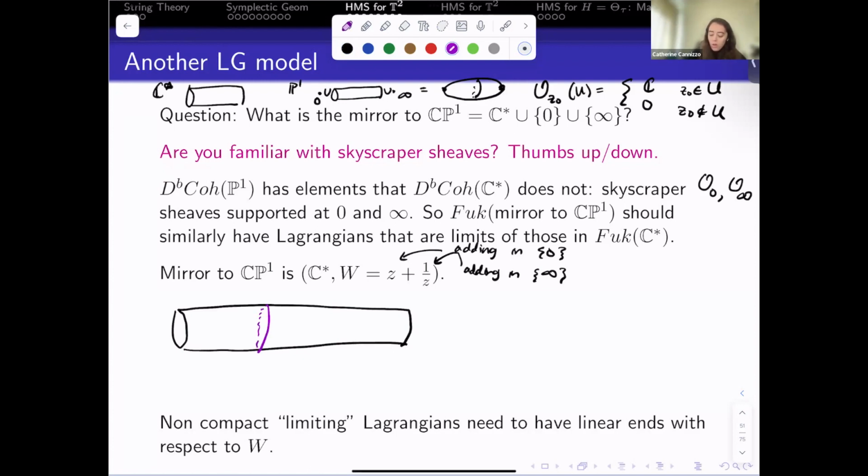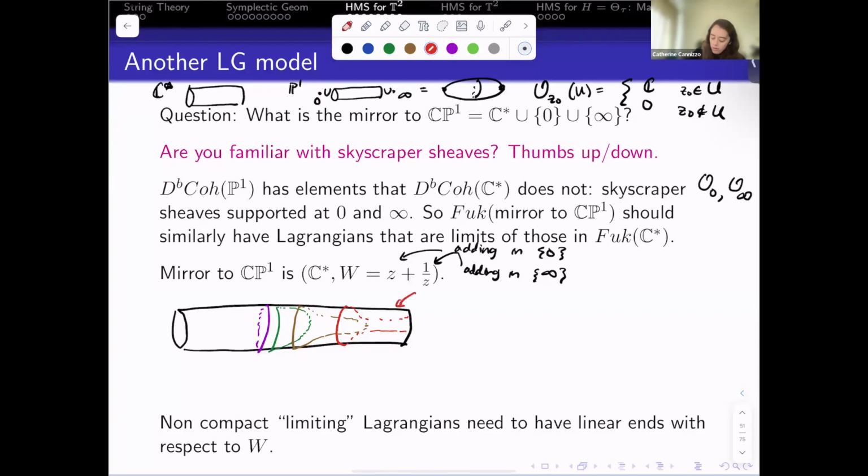We can continue to stretch out this Lagrangian, kind of going around like this, and stretching out more until in the limit we have these two ends, and then we come around, and then we go out like this. So the role of the superpotential is to say what's going on in these ends.